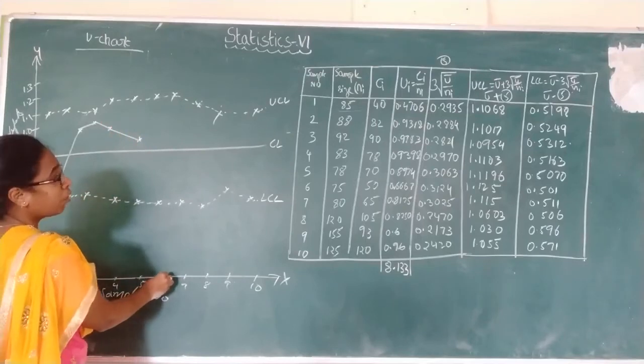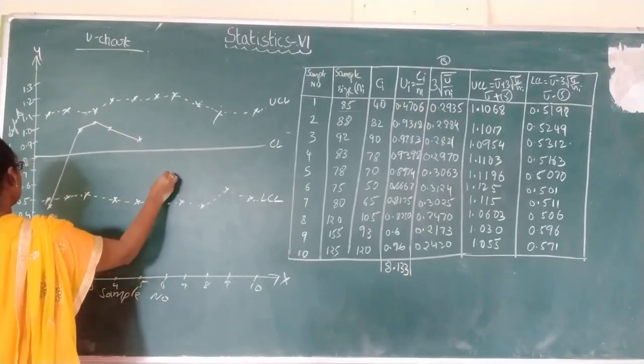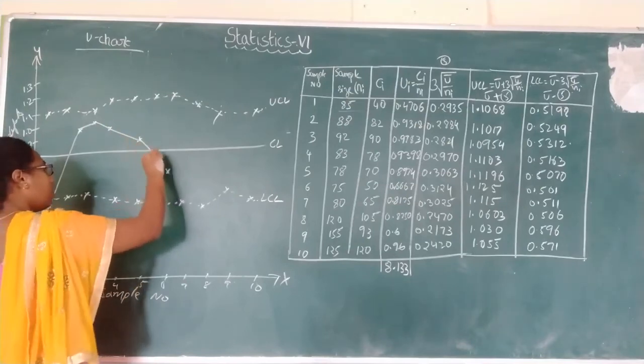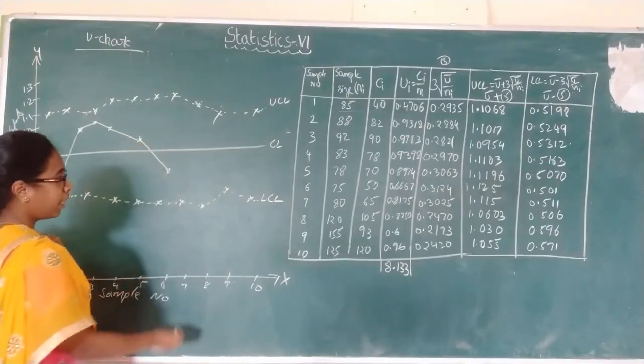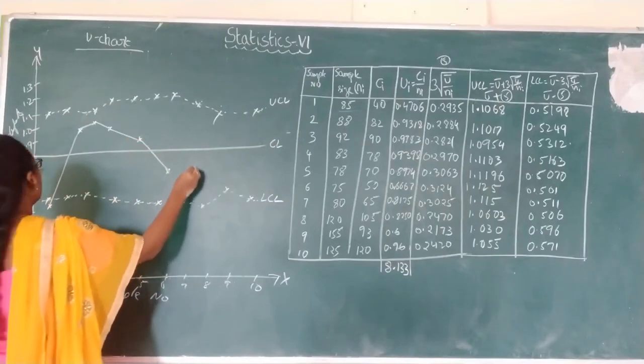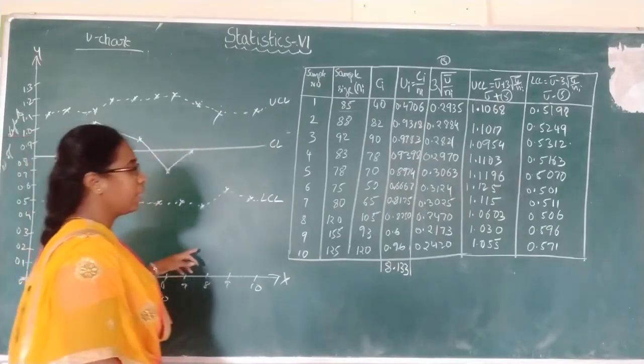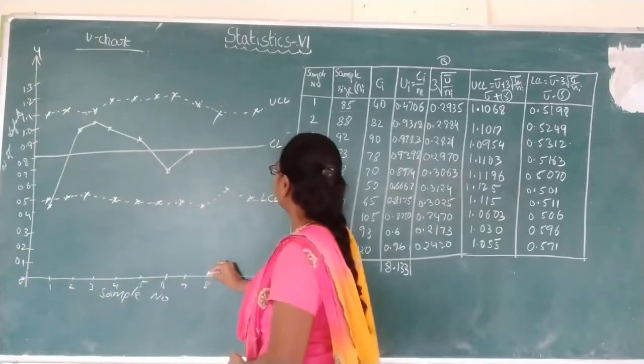Next is 0.66. Next is 0.81. And the next one is 0.87.